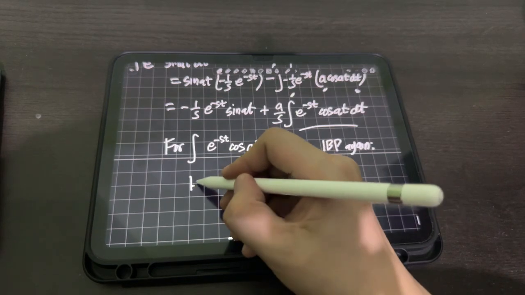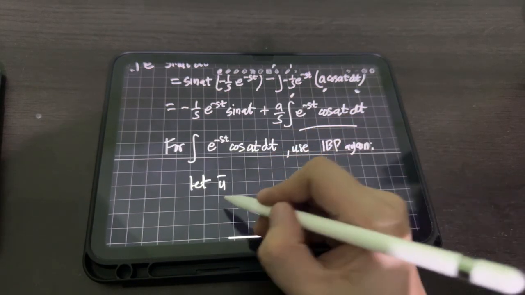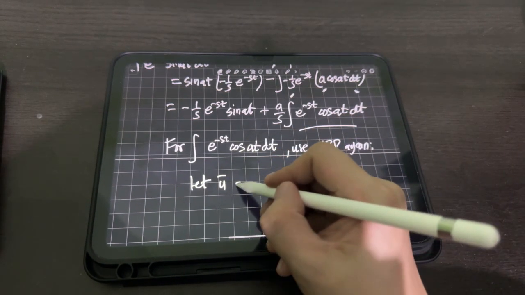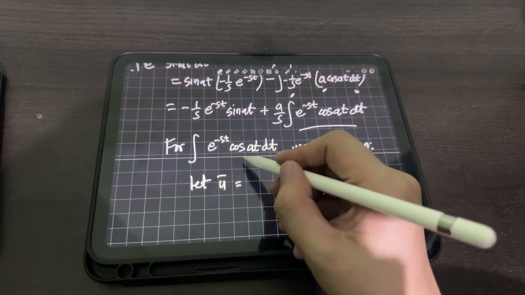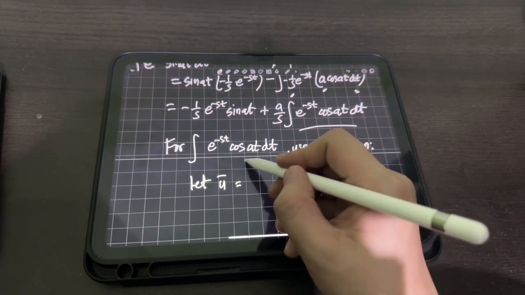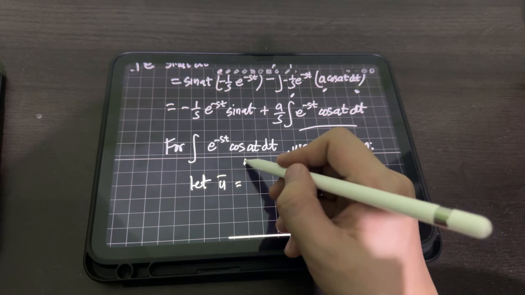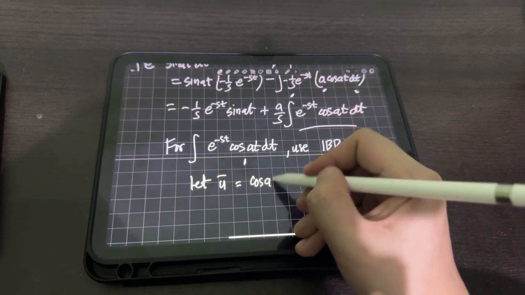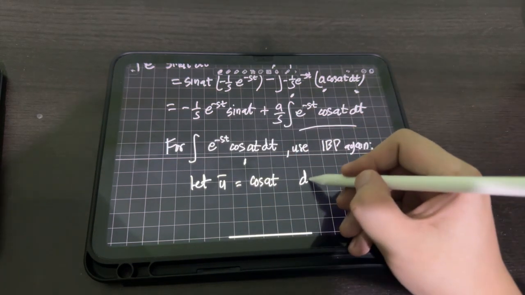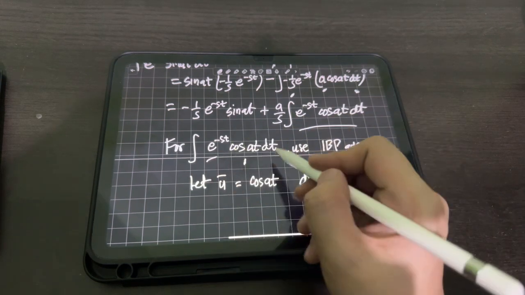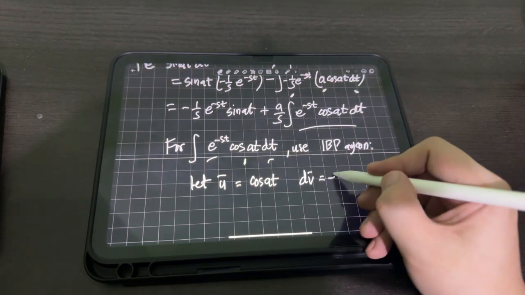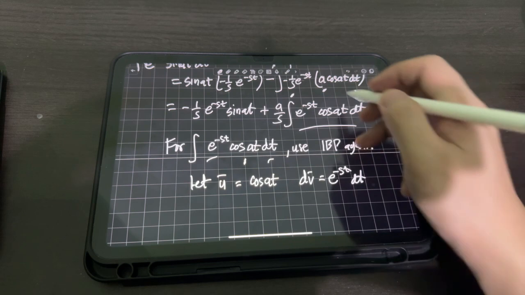Let's assign u bar, to differentiate it from the original variable u. From LIATE again, trigonometric comes first before the exponential. We prioritize cosine at to be our u bar. And automatically, dv bar will be the expression that is left, e to the negative st dt.